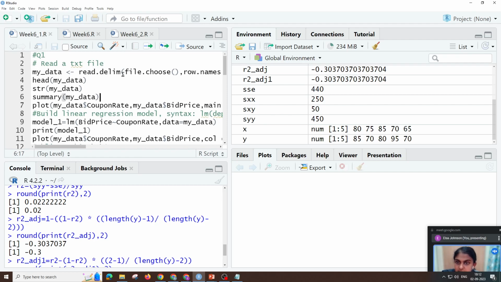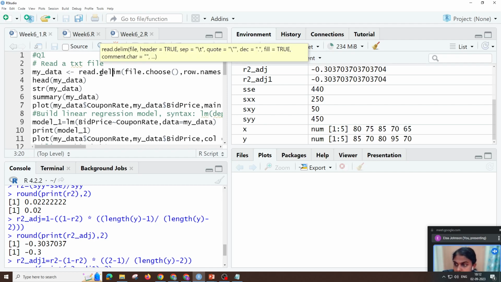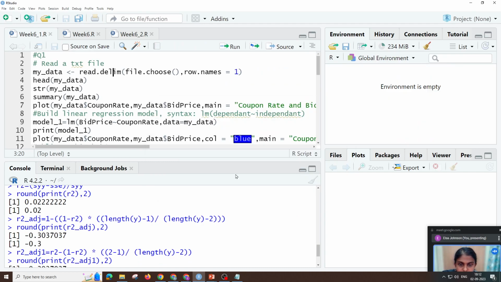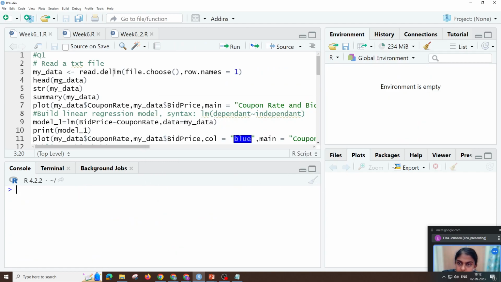Since it's a text file we have to use read.delim. I think this was explained in the lectures also. So I'll just expand this one, clear everything else. This is the thing that we have to take.